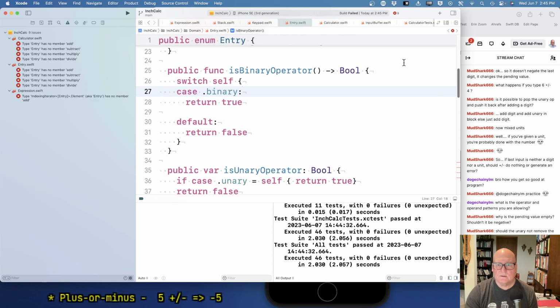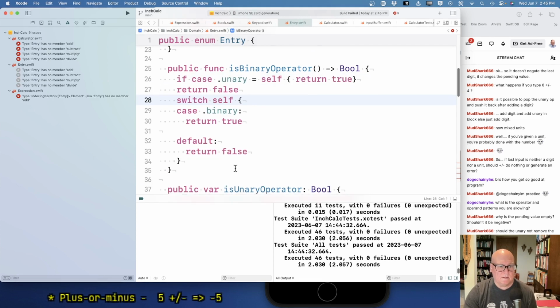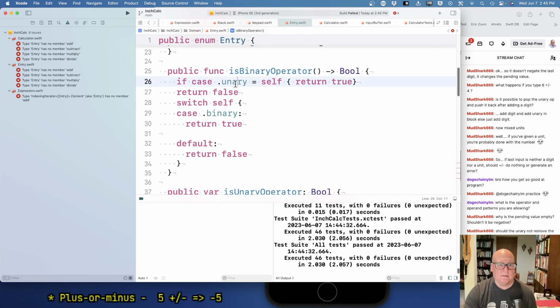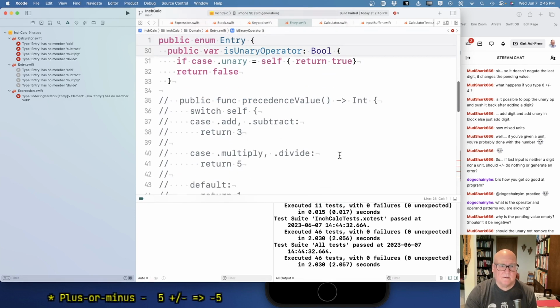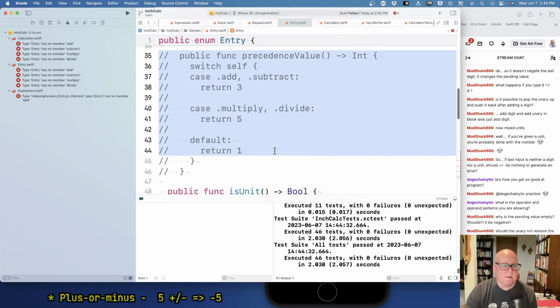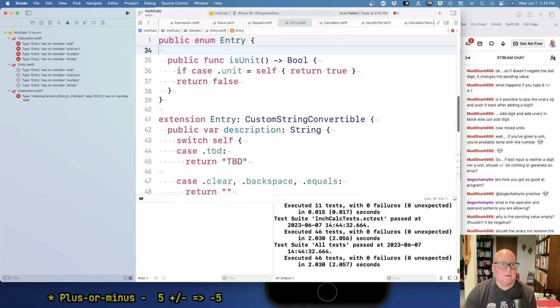Let's make this one work like this one. If case binary, self return true, otherwise return false. Okay. Nothing blew up because that wasn't there.